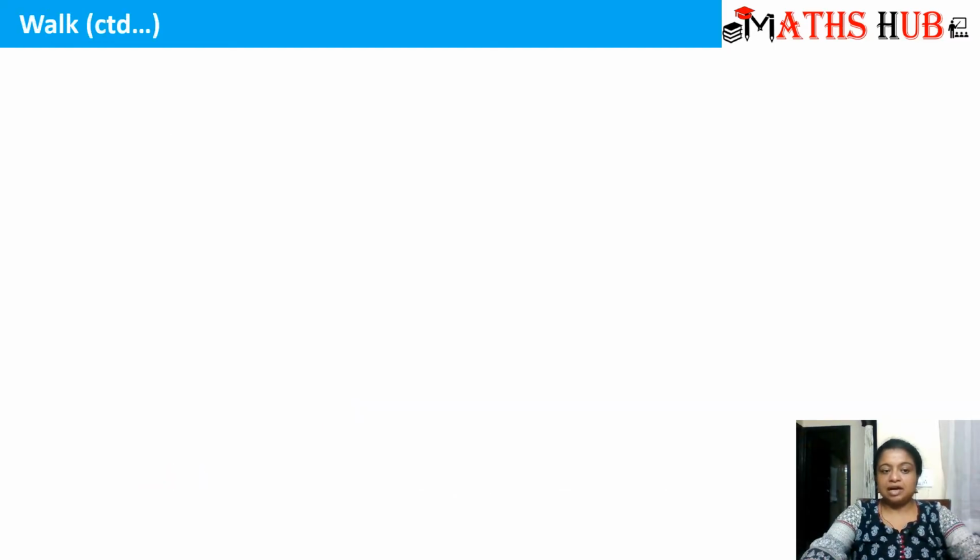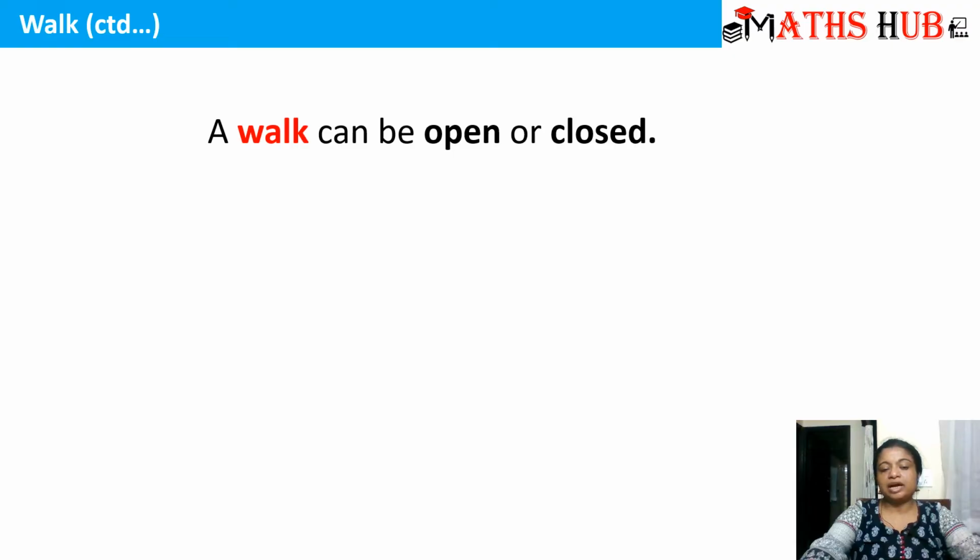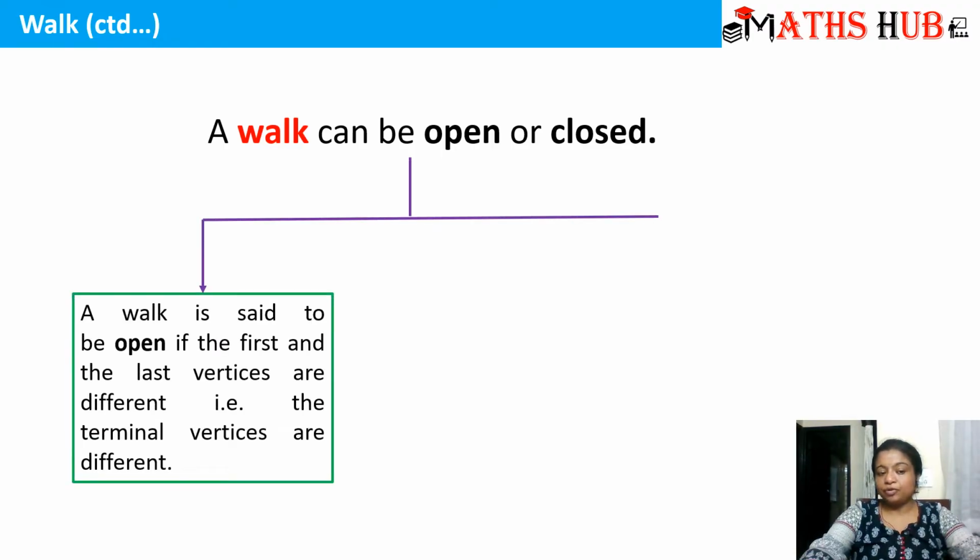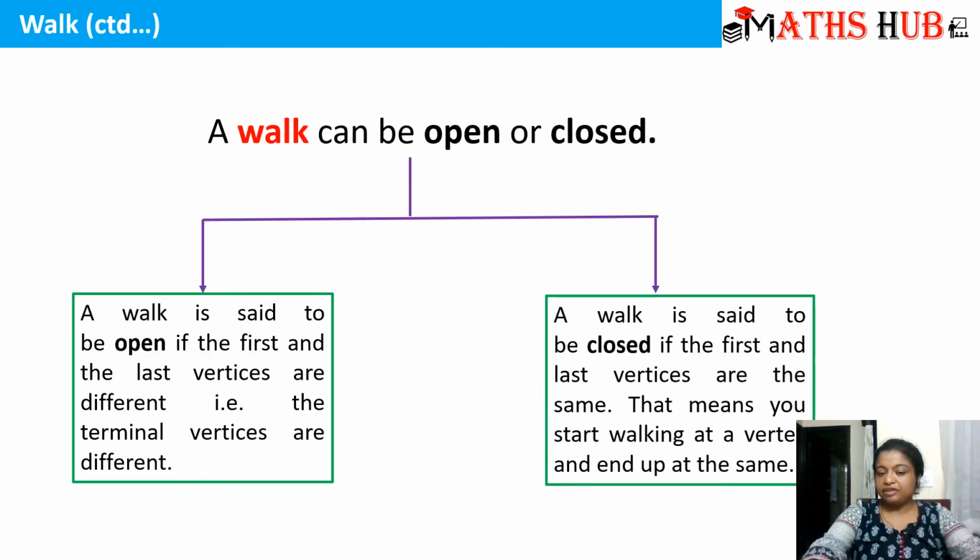Okay. So now let's see what else a walk can be. A walk can be open or closed, right? So when can a walk be open? A walk is said to be open if the first and the last vertices are different, right? And similarly, it can be called a closed walk if the first and the last vertices are the same.